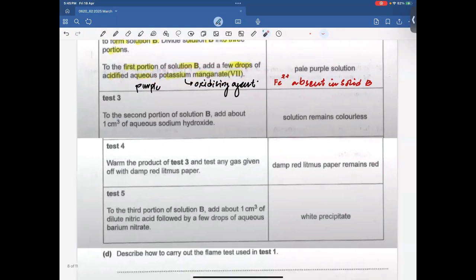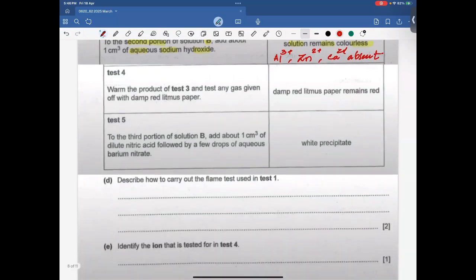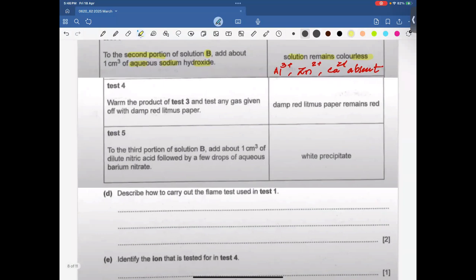Okay. Now in the second portion of solution B, add aqueous sodium hydroxide. The solution remains colorless. That indicates the absence of precipitates, which indicates the absence of aluminum ions, zinc ions, and calcium ions. These ions are absent. When you add NaOH to the second portion of solution B, now heat the solution and test with red litmus paper.